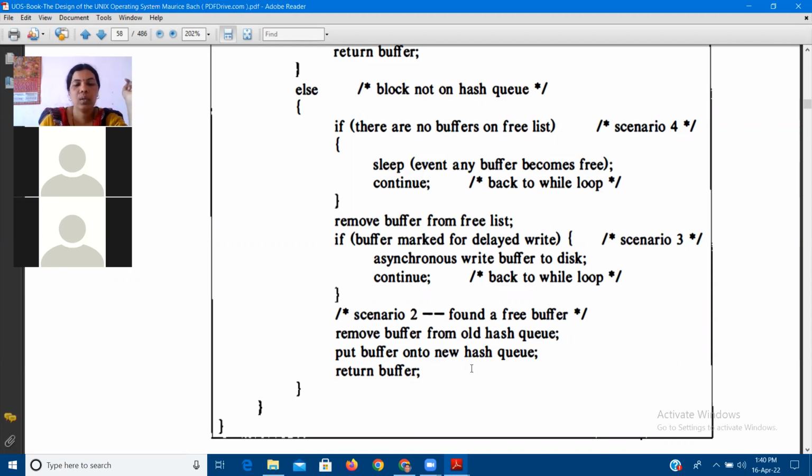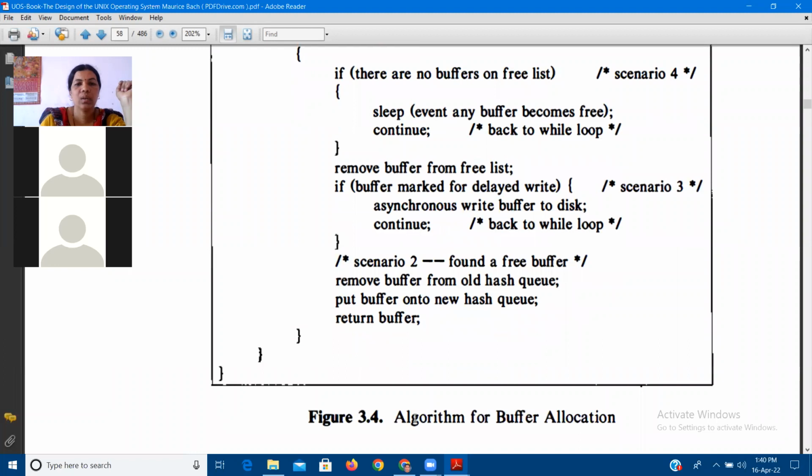So throughout the algorithm, all these 5 scenarios are categorized. This is the algorithm for buffer allocation.